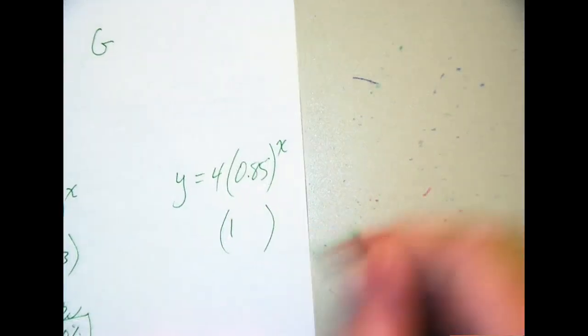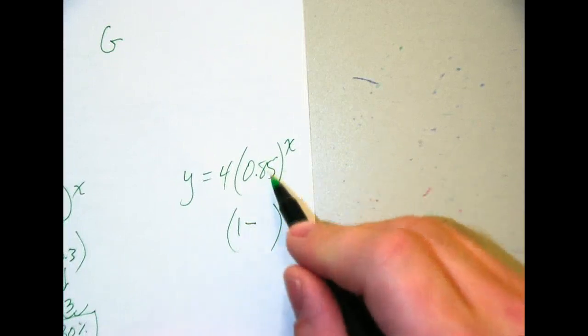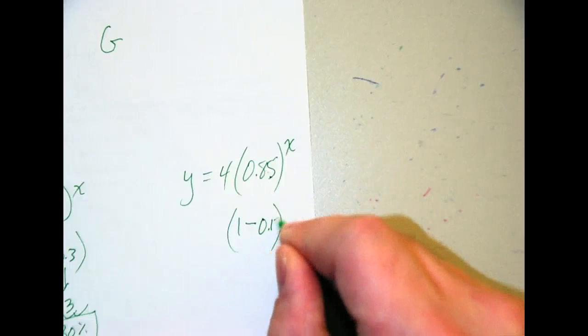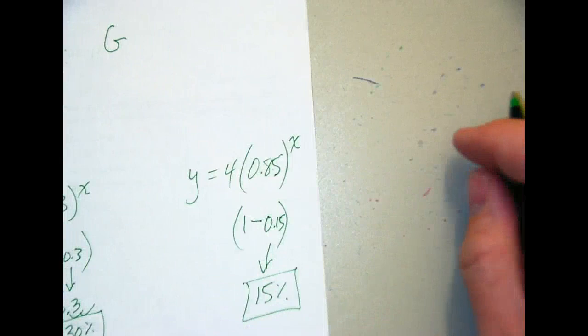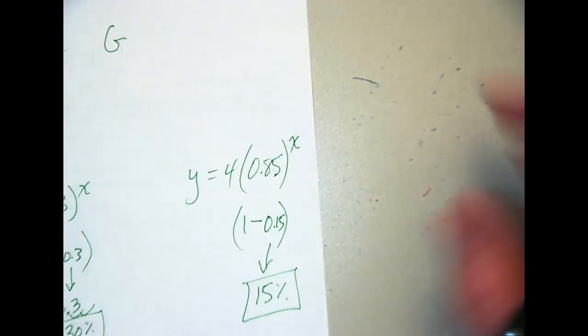At 1. Now, are we adding or subtracting this time? Subtracting, meaning we are in decay. How much are we subtracting? 0.15. So my rate of decay is 15%. How many got it? Okay. Any questions so far?